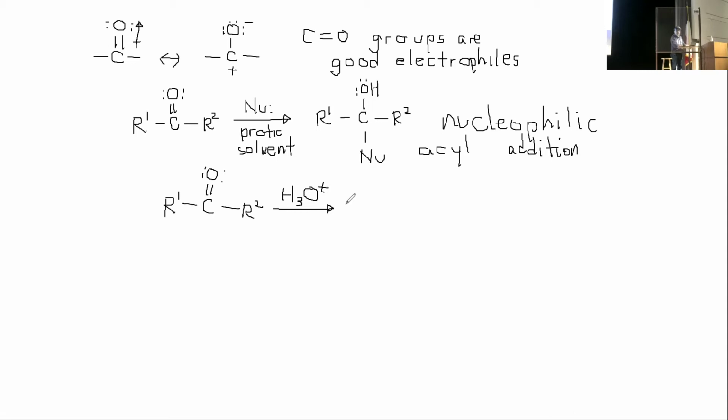write H3O+. And maybe I'll put over here to the side, it's important to be aware that if you see H3O+ given or listed as a reagent, it implies H2O is also present. What it means is that you've got a dilute solution of aqueous acid.